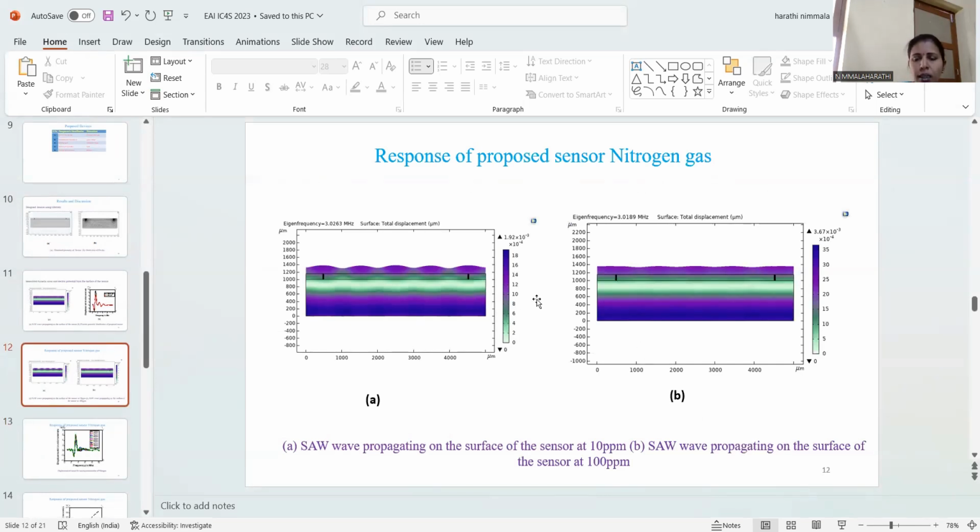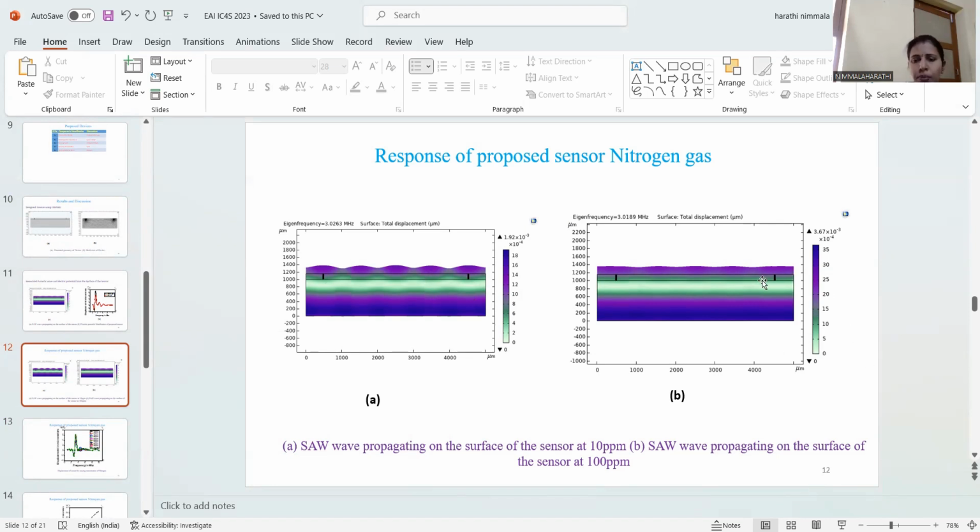With the imposition of this gas, there will be a change in the displacement, around 1.92 micrometers at 10 ppm of gas, and there is a change in the displacement with respect to the concentration of gas too.